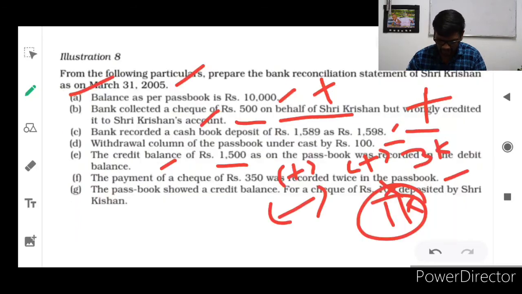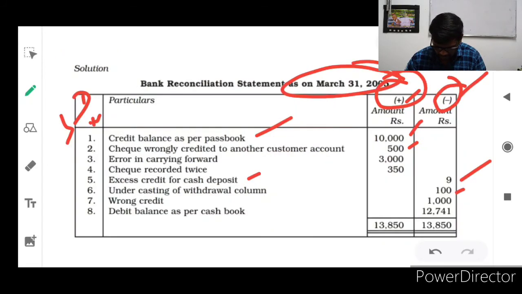And fourth one, the withdrawal column of the passbook under cost 100 rupees. Actually withdrawn 1100, for example, but the amount entered by the banker is 1000 rupees only. So 100 more rupees should be debited in your bank account. So under costing of withdrawal column.